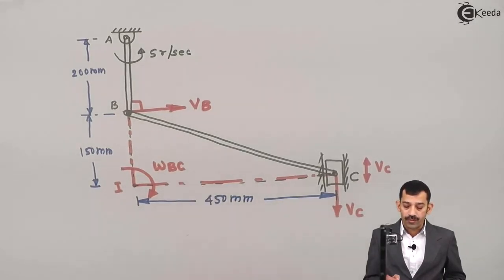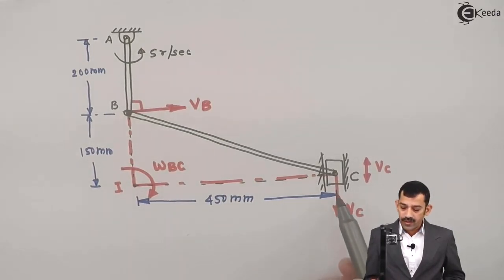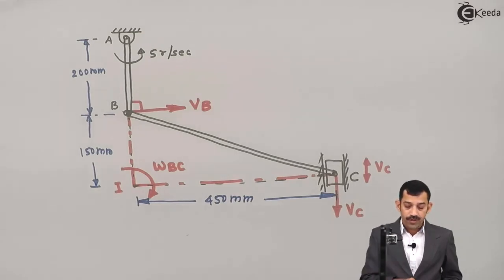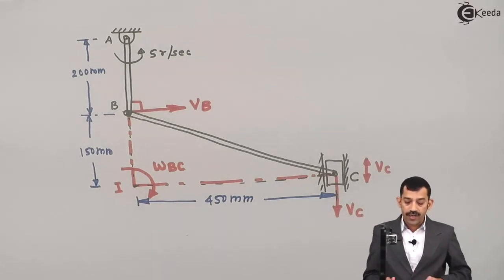As you know VB, we will find omega BC, which is in clockwise direction. Then VC equals IC into omega BC. What do we get from this? Directly VC, because omega BC is known. Therefore, simply you have to apply V equals R omega for rod AB as well as for rod BC. First, we'll apply the equation for rod AB.